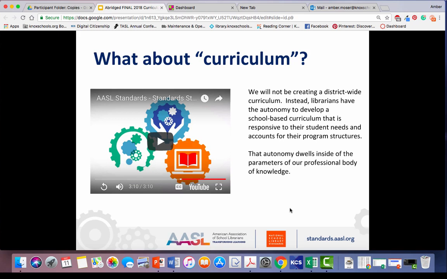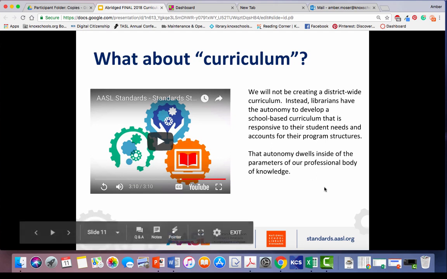But again, hooray, you get to decide how this is going to play out in your program. But with that autonomy comes a great responsibility towards our professional body of knowledge.